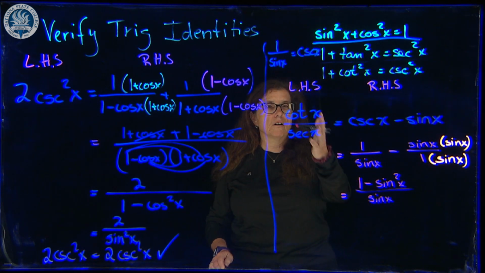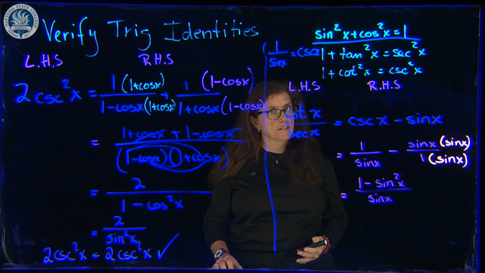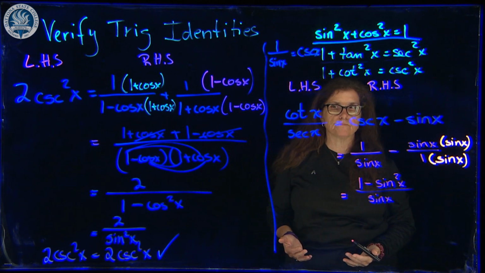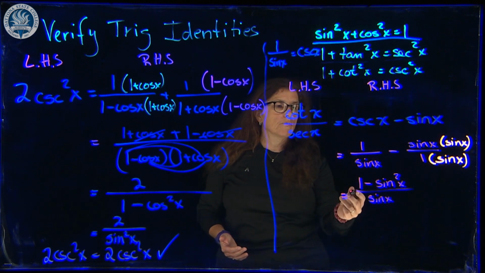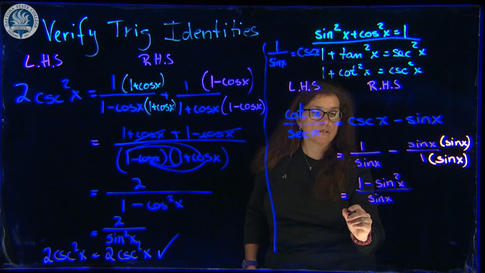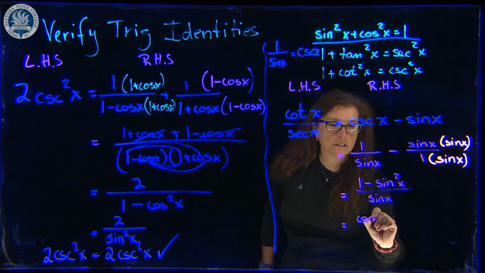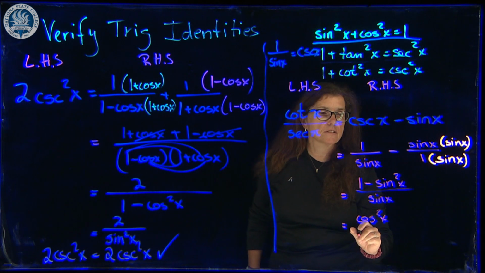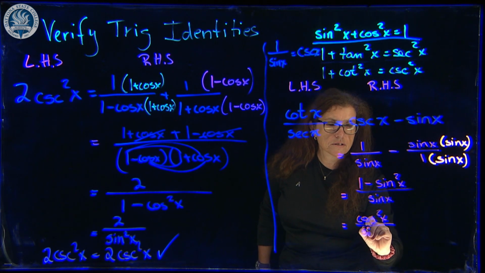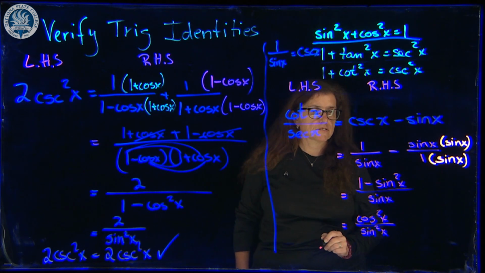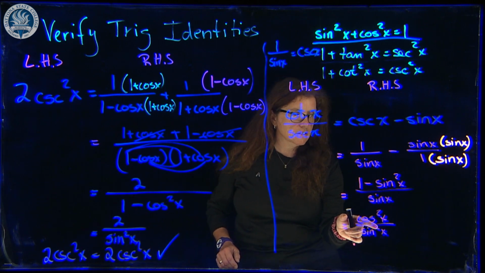Okay, now always keep an eye on the left-hand side and think, how do I change this now? Well, 1 minus sine squared, we know that is cosine squared of x over sine of x. Oh, not squared, it's just sine.